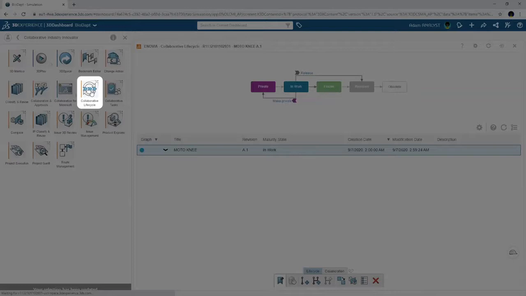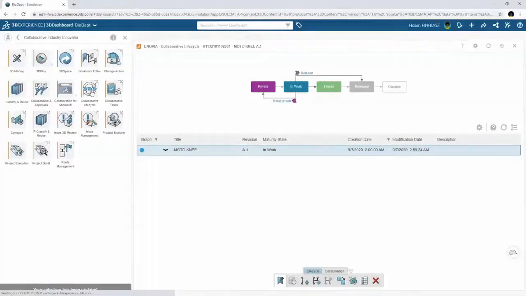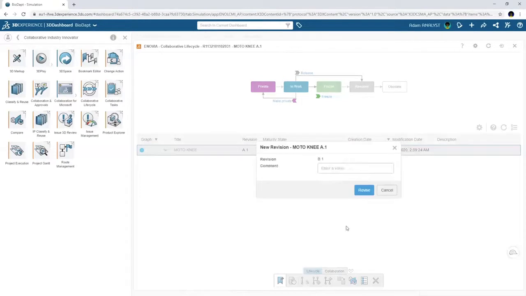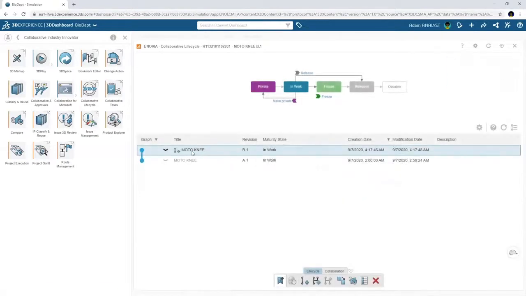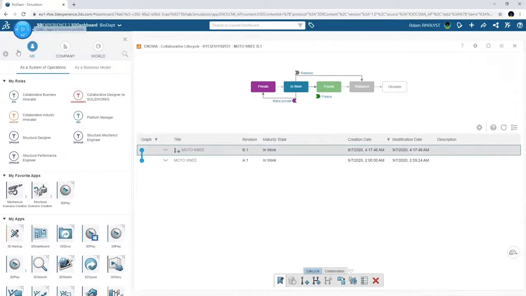But with the platform, the first thing you'll notice is that there is a life cycle, making management much easier. You can set the different stages of your product's life cycle, like private, in work, frozen, released, obsolete, and so on. So you're no longer worried about losing the data or finding the wrong version, and you're always working on the latest version. This is one of the benefits and one of the first things you'll notice when you come to a platform on the cloud.